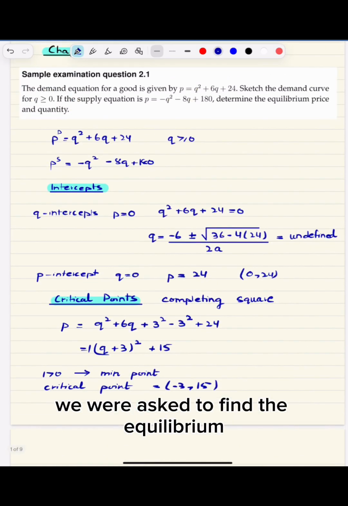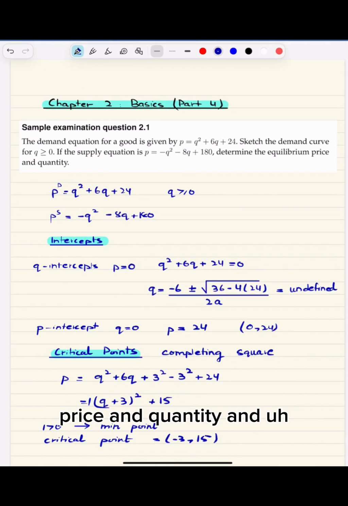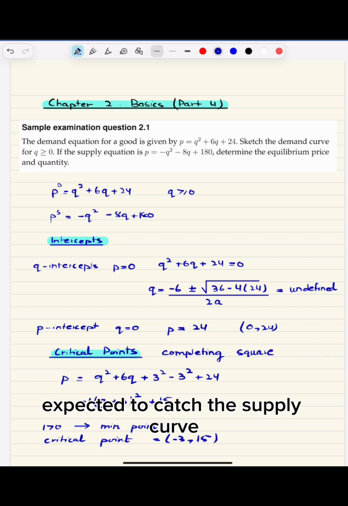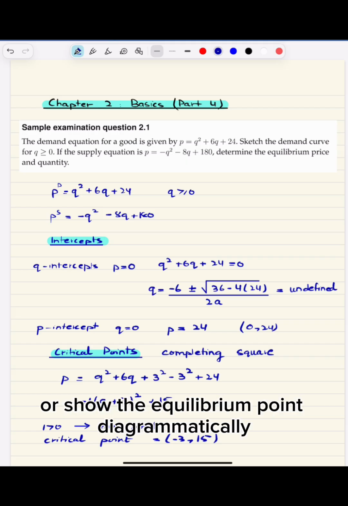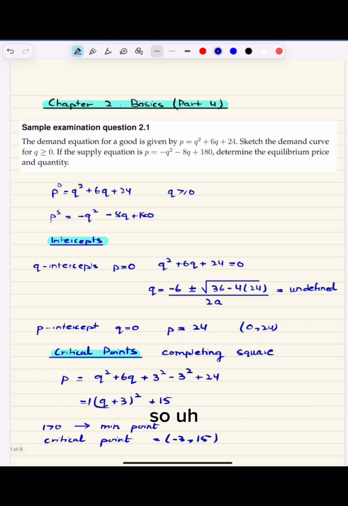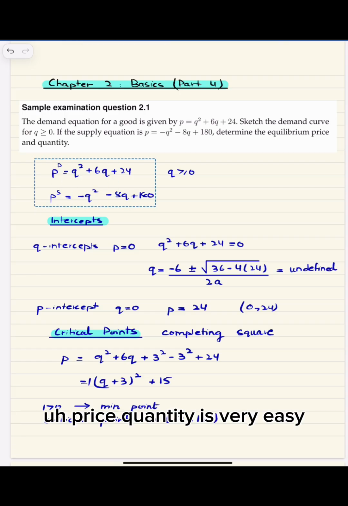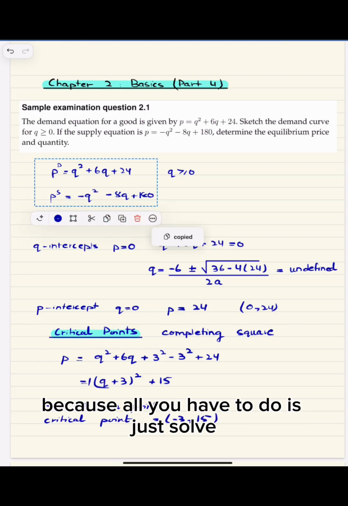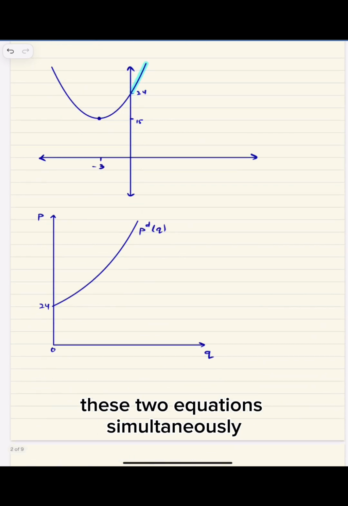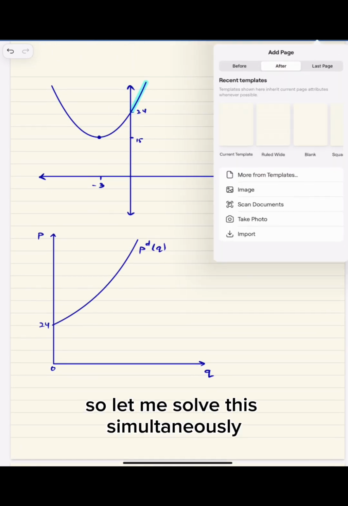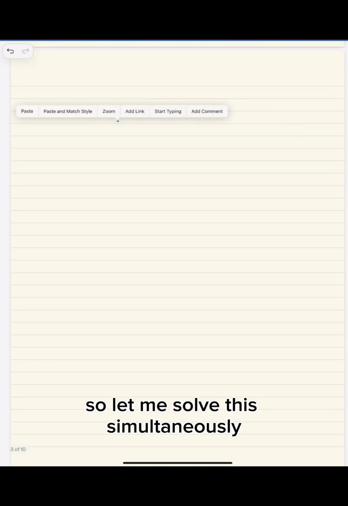Next, we were asked to find the equilibrium price and quantity, and thank God we weren't expected to sketch the supply curve or show the equilibrium point diagrammatically. Solving for the equilibrium price and quantity is very easy, because all you have to do is solve these two equations simultaneously.